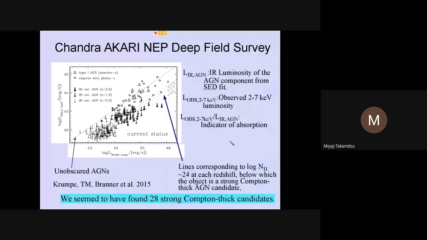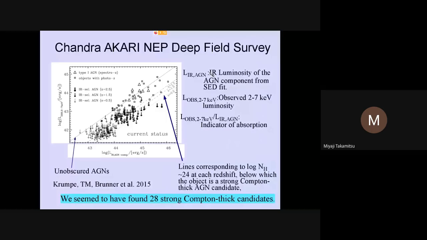Now, the motivation of this particular Chandra observation was this. We have the entire multi-wavelength data from UV, including Akari and Herschel, and by SED fitting we can get the infrared luminosity contributed by AGN, on this horizontal axis, and the vertical axis is the X-ray luminosity without correcting for any absorption.